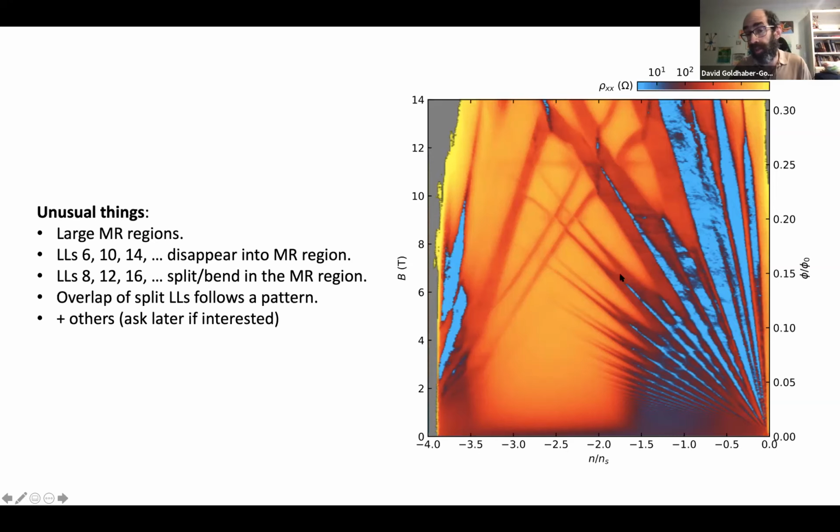But what they don't do is split. His calculation didn't calculate resistance, but they wouldn't produce a strong magnetoresistance.